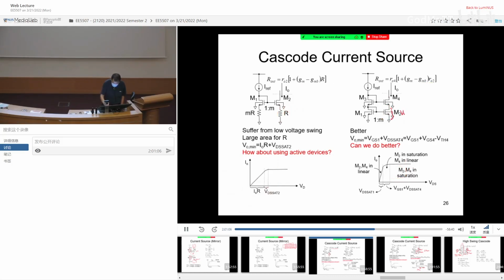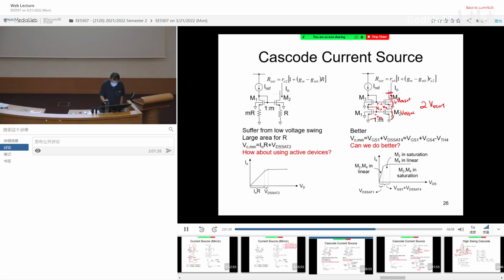If you look carefully, ideally you only require VDS set here and VDS set here. So 2 VDS set will be sufficient for you to have a good cascode current source, right? But because of the way we achieve this current source, we have VGS, we have another VGS, and then we have another VGS drop here, and then we add another VDS set.